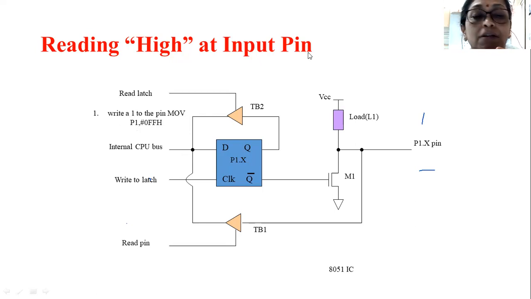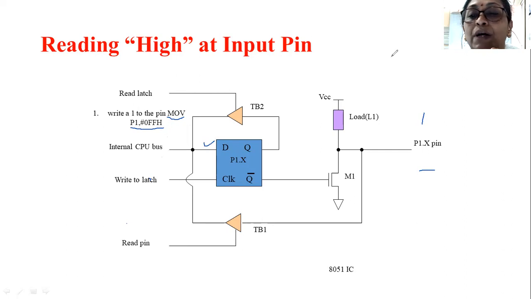Which instruction is written over here? Can you observe, students? Move P1 comma hash 0FFH means you are making every bit of the port pin equal to logic 1. So when you are making it logic 1, the D will be at logic 1.